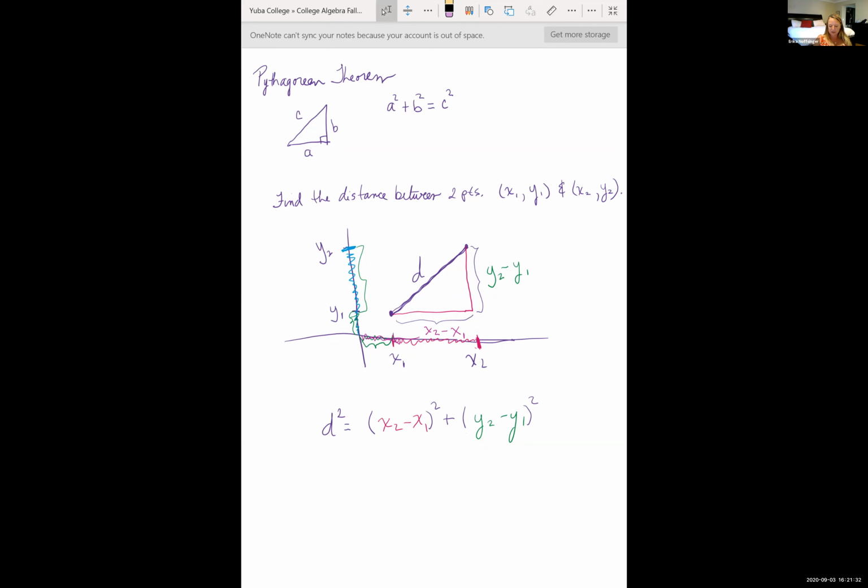Okay, well, if it's a right triangle, then we know the Pythagorean theorem has to hold. And so we're going to show the Pythagorean theorem holds.